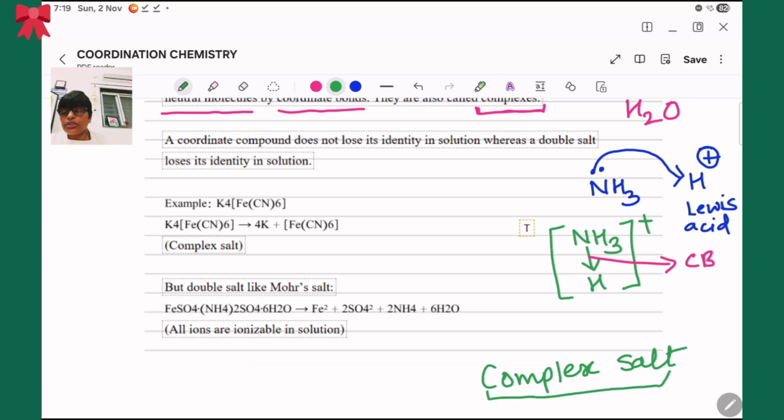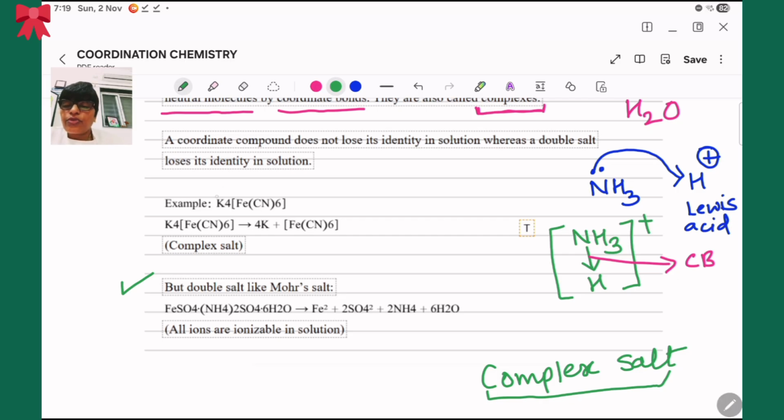So there are two important terms: a double salt, which is made up of two simple salts, and a complex salt, which is a coordination compound. What is the difference? In coordination compounds you will definitely have a coordinate bond, whereas in a double salt you may or may not have a coordinate bond.